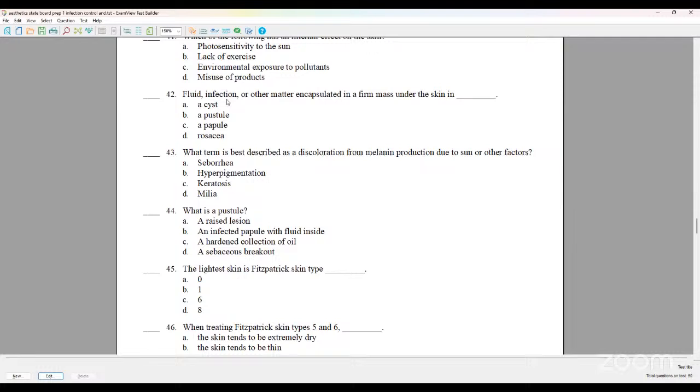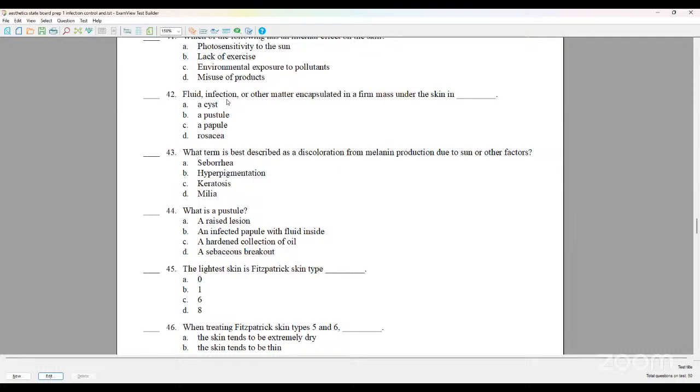Keratosis falls into production of keratin. So this is where someone may have a thickening of the skin, leather texture, or a lot of dead skin cells. And the dark spots on the cheeks could come from this instead of hyperpigmentation.